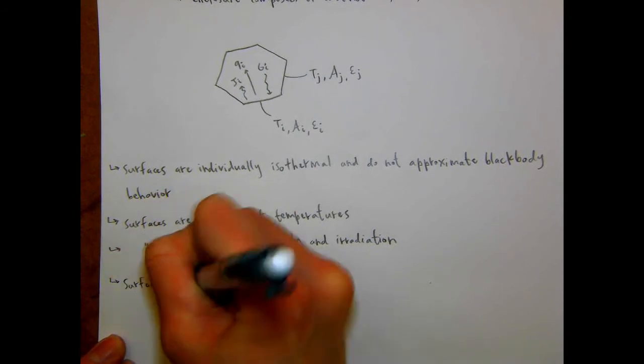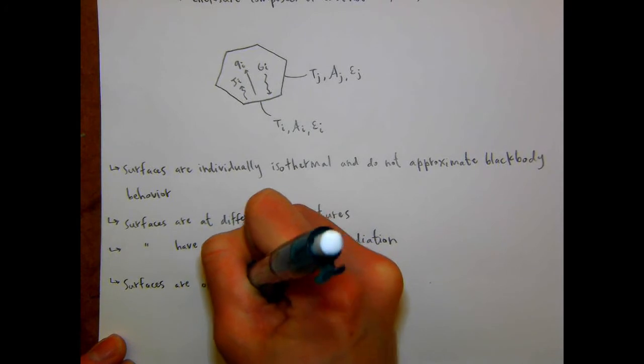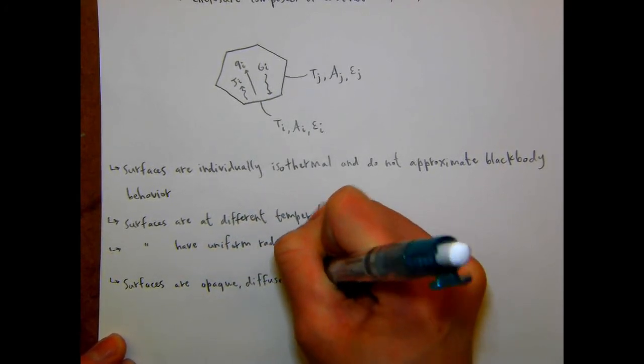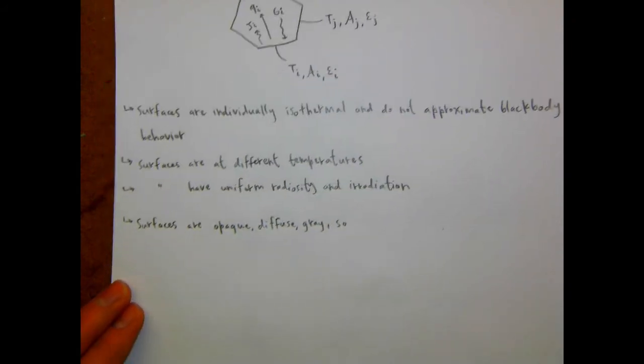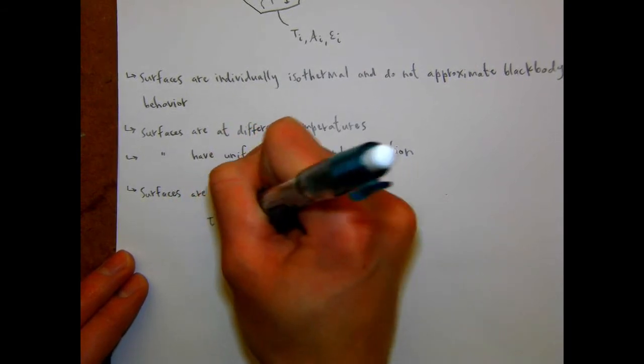But we're talking about specifically opaque diffuse gray surfaces. So some additional characteristics are transmissivity is equal to 0.